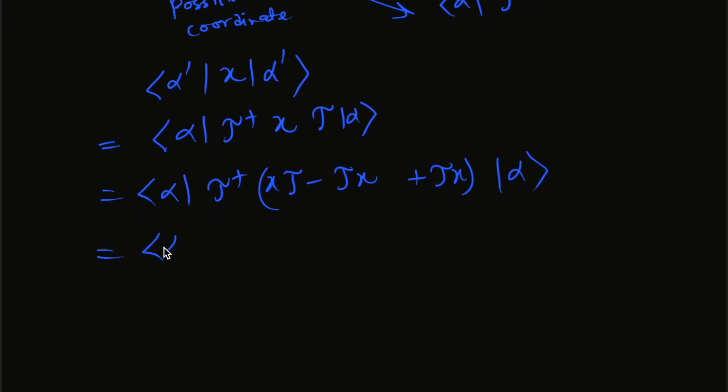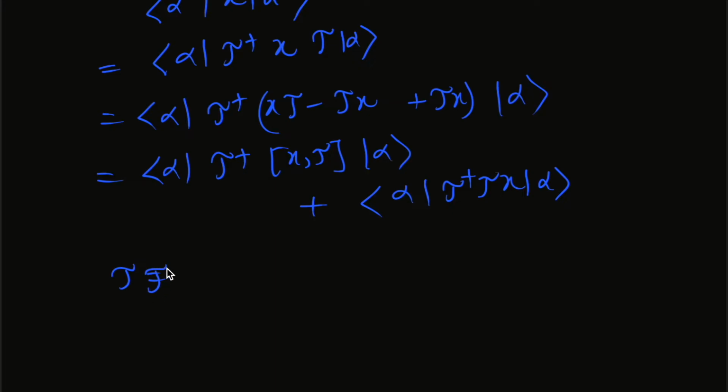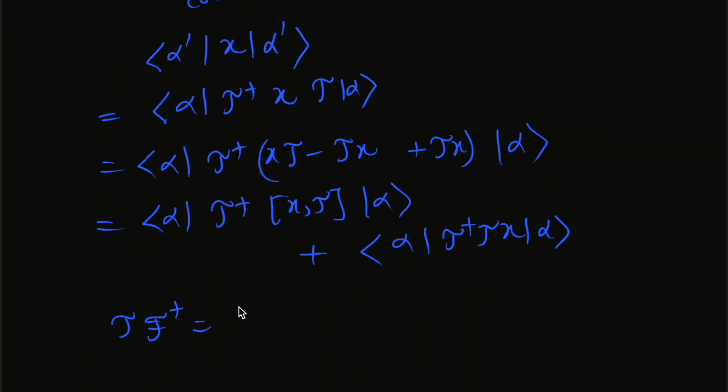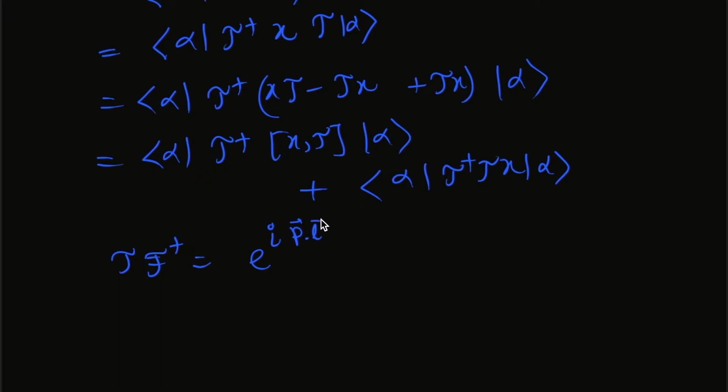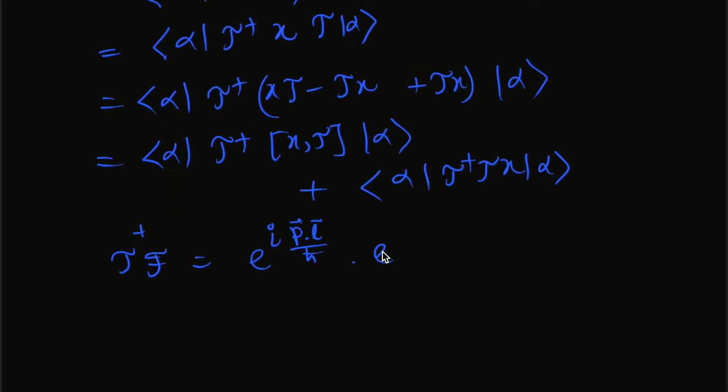That means ⟨α|tau dagger [x, tau]|α⟩ plus ⟨α|tau dagger tau x|α⟩. And tau is e to the power minus i p dot L by ħ, tau dagger is e to the power i p dot L by ħ. So tau dagger tau is e to the power i p dot L by ħ times e to the power minus i p dot L by ħ. This plus this will be 0. E to the power 0 means 1.